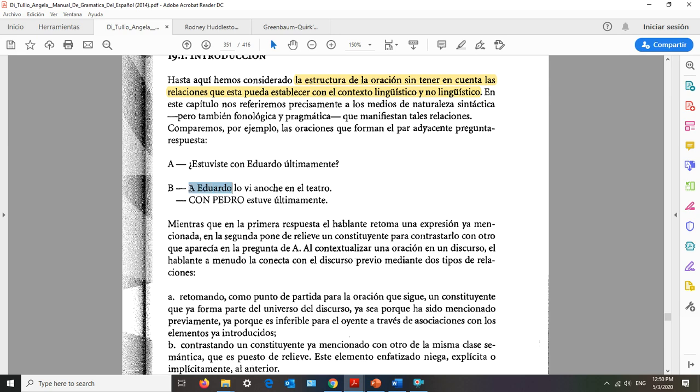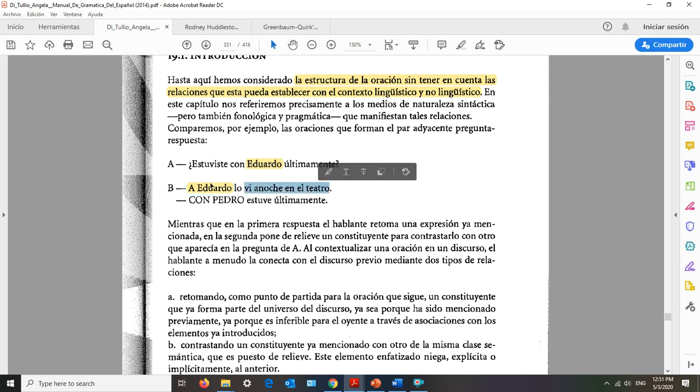So a Eduardo is not the subject of the sentence, but rather a direct object, yet it is occupying sentence-initial position, the position of the subject, allowing us to recover information already mentioned in the question, connecting with it, and then providing what is new, right?